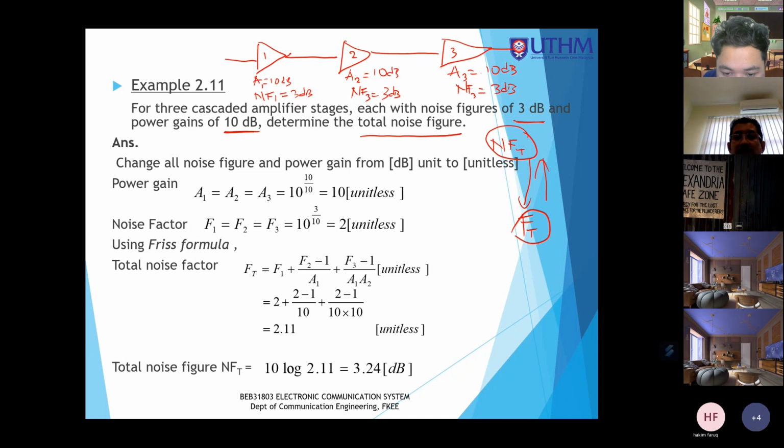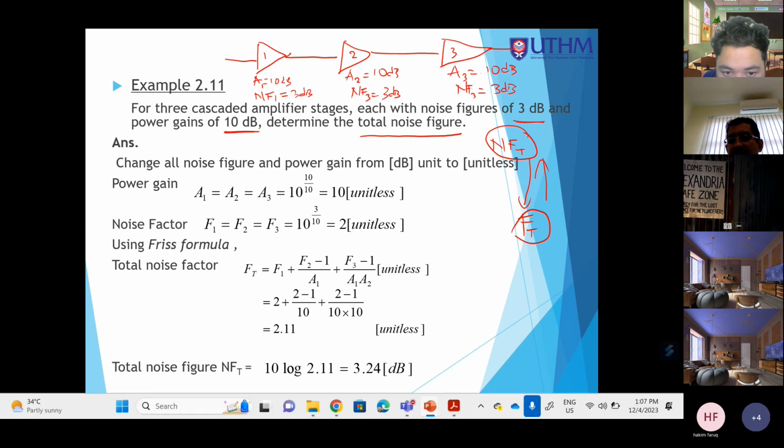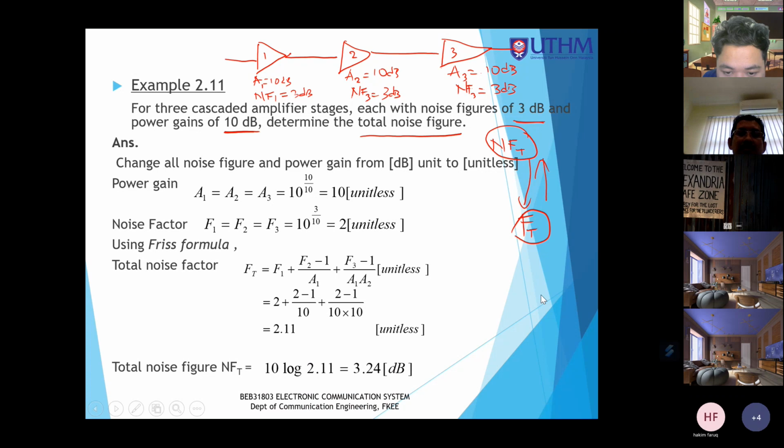Yang tadi Friis equation. Boleh menggunakan Friis equations.